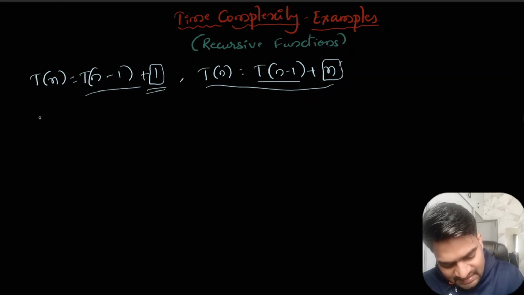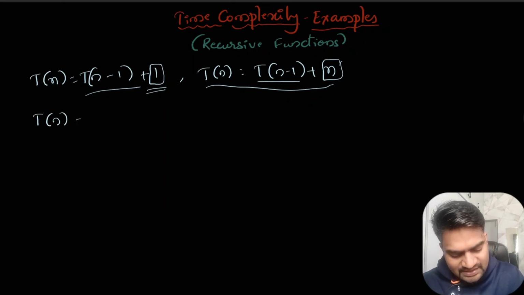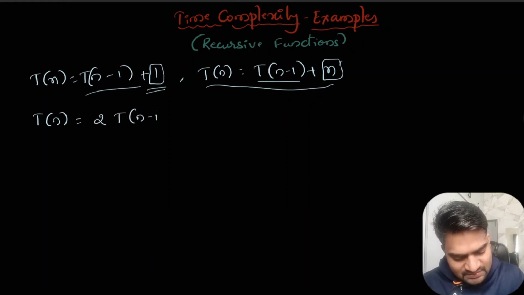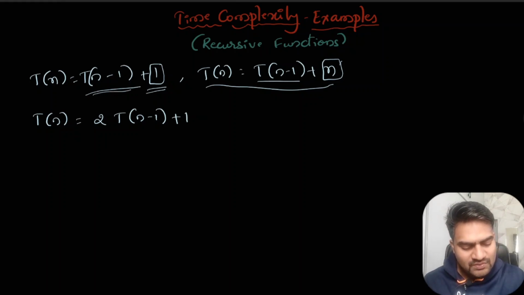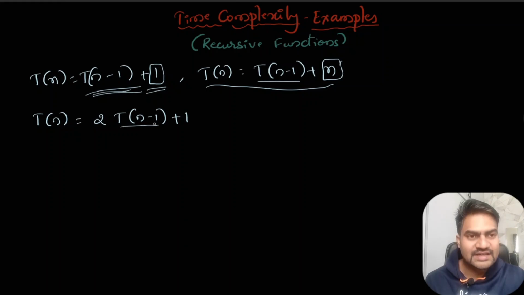So let us see an example like T(n) equal to 2 into T of n minus 1 plus 1. So here what was happening earlier, at each iteration the problem was calling itself by reducing the input by 1, but here the problem is getting reduced by 1, but it is being called twice.